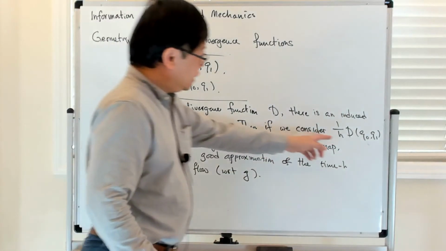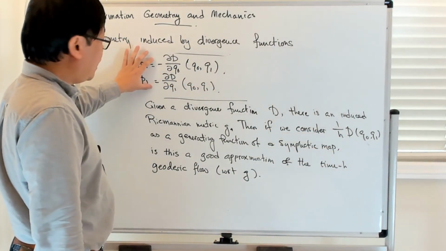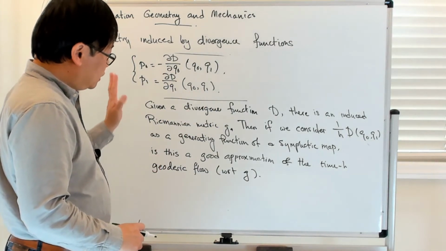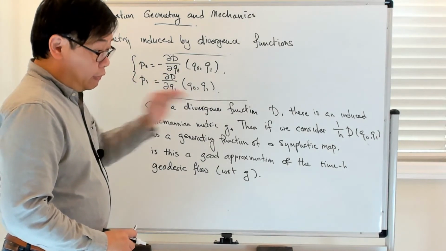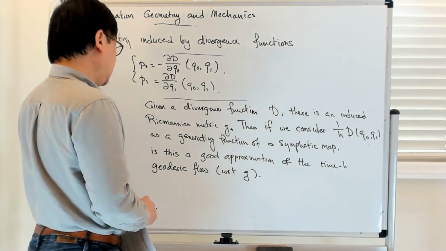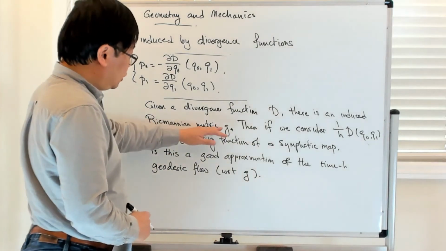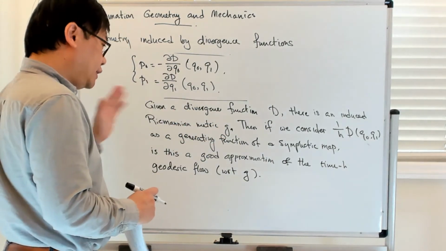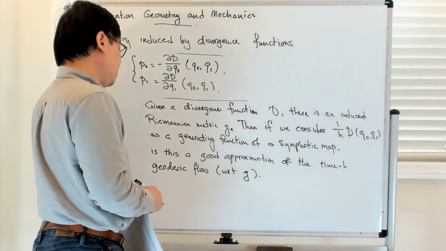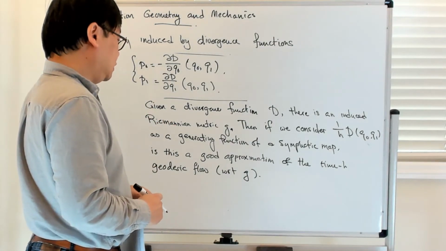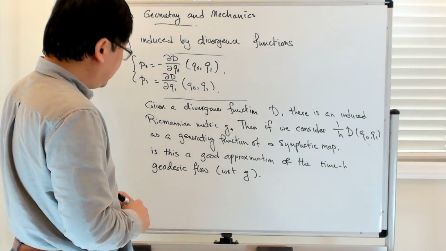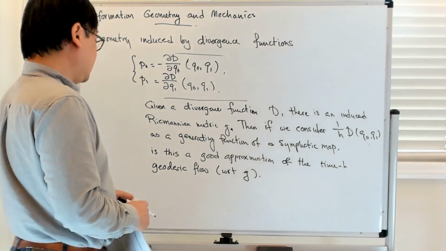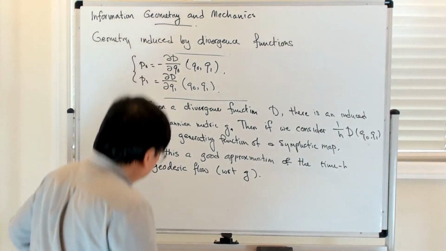Again, if we take this 1 over h D to define a map from Q0, P0 to Q1, P1, you can ask to what extent that approximates a flow by time h along a geodesic of this Riemannian metric G. A geodesic is basically a generalization of straight line flows in a flat space. That's the question which naturally comes out of this, and it turns out that it is always consistent.